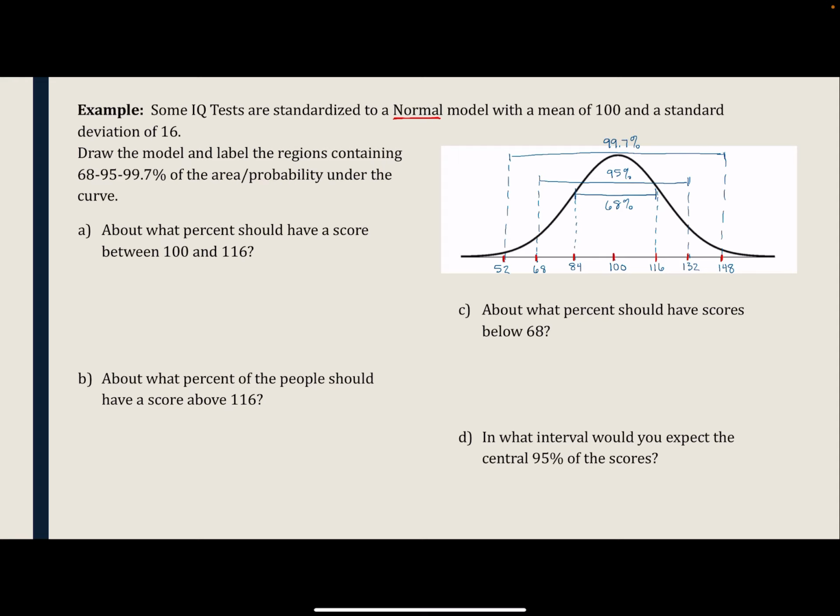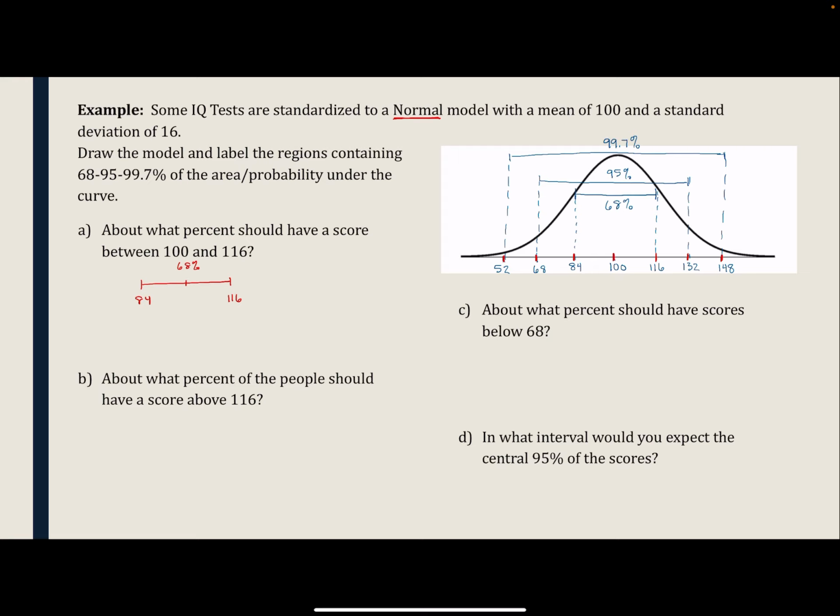So let's use this empirical rule and the information that we have here and answer some questions. It says, about what percent should have a score between 100 and 116? So I'm just going to do a quick sketch again. We know that between 84 and 116, we have 68% of the data.